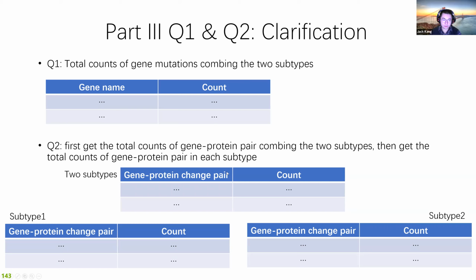And in question 2, you need to first get the total counts of gene protein change pair combining the two subtypes. And then you do the similar thing, but this time in each subtype separately. So in question 2, we want to see three tables of frequency.